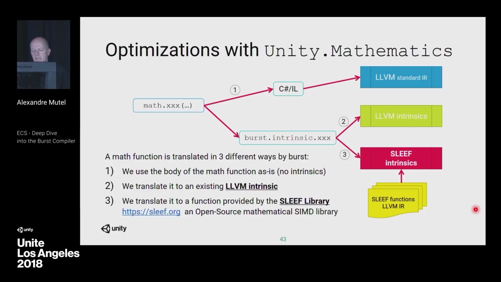And then LLVM will be able to optimize this function as part of your code, so constant propagation will work, and optimizations of all kinds will work. And that's similar to what you would have with link time optimization. But we do this at compilation time, actually.